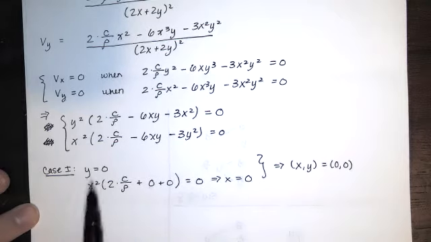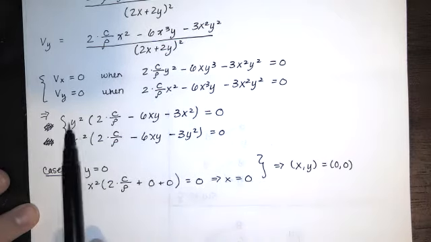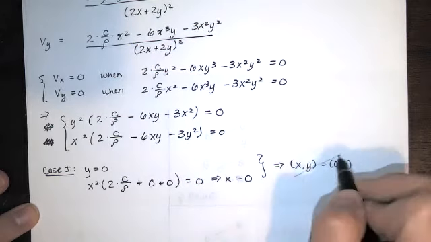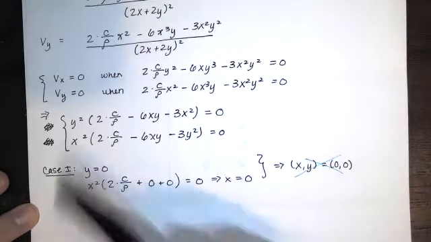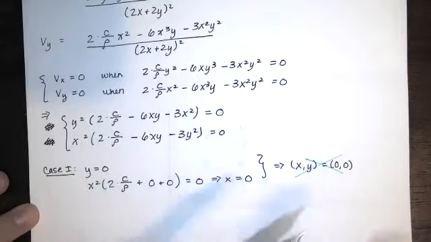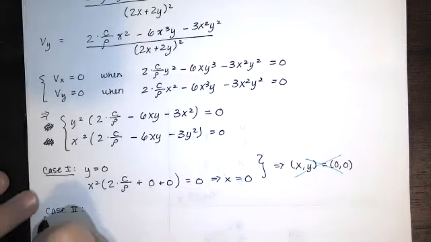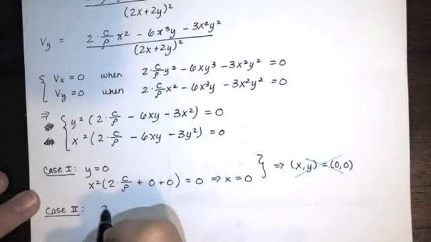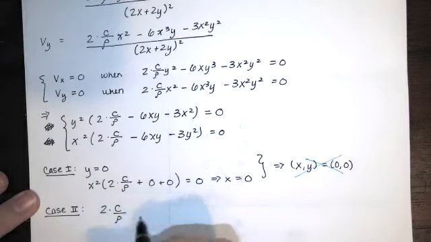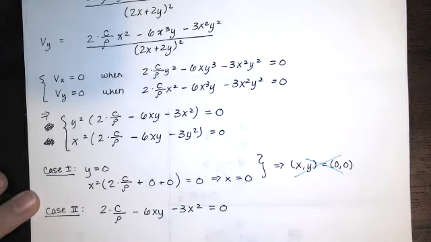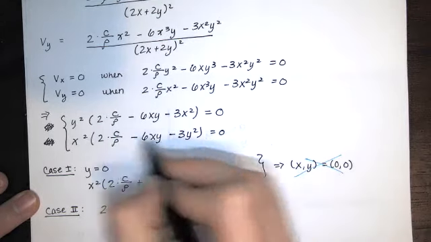So, okay, this times this equals 0 if y equals 0, and that leads to something that doesn't make sense for our application. So the only other way that this first equation could be 0 is if this expression is 0. So we have 2 times c over rho minus 6xy minus 3x squared is equal to 0. And then we also want the second equation to be 0.